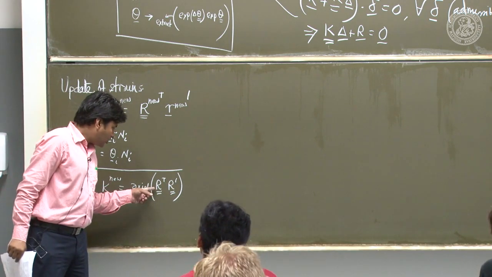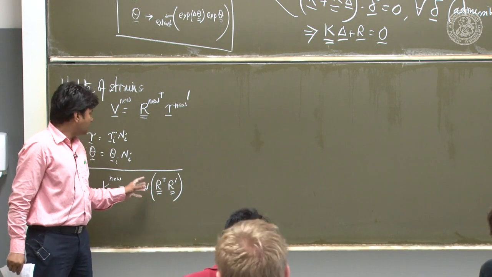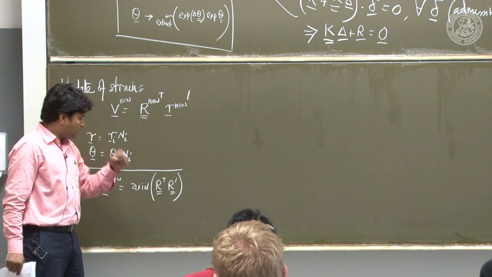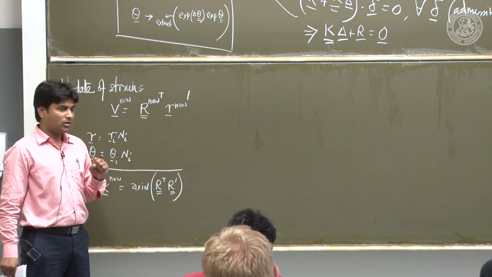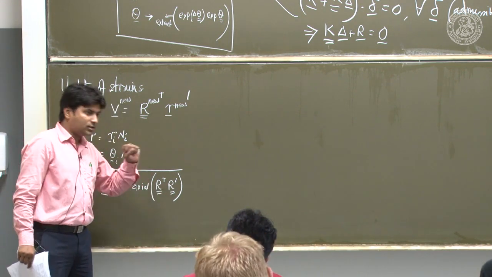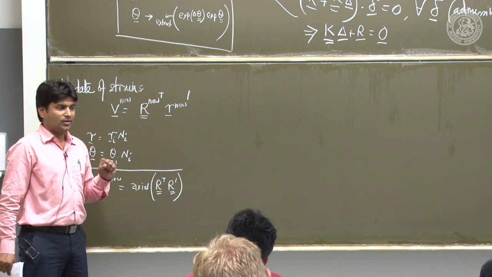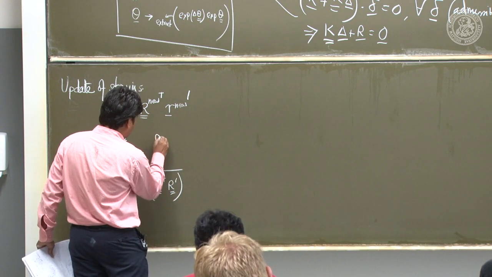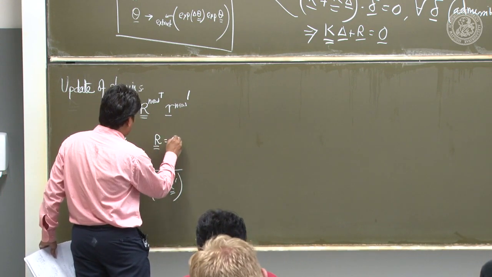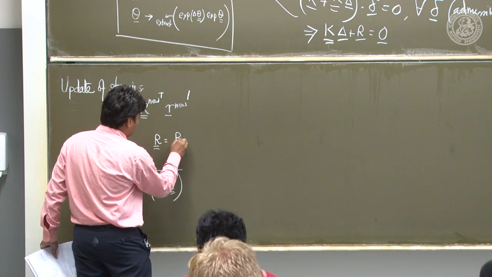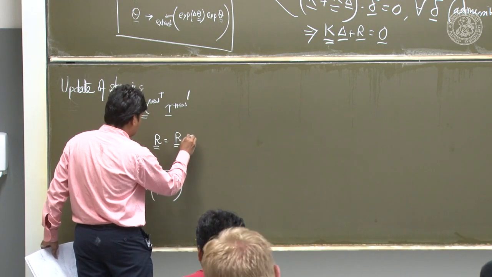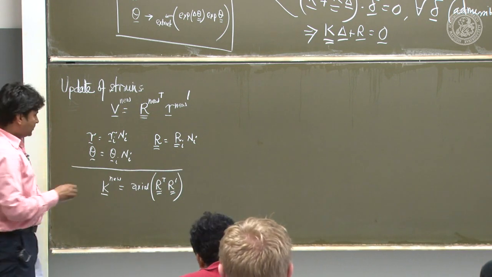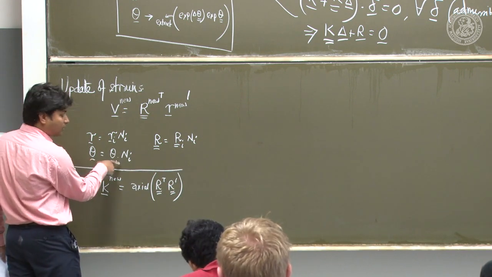Now, you can find your big R at the quadrature point, because once you get your theta at the quadrature point, you take the exponential and get your rotation there. How to get big R prime at the quadrature point? You might wonder, why do I not say that big R is the same as big R_I at the nodes times n_I, as you have done for theta?